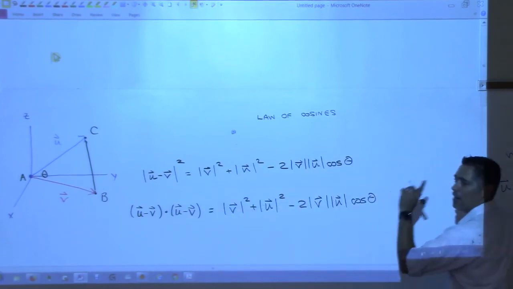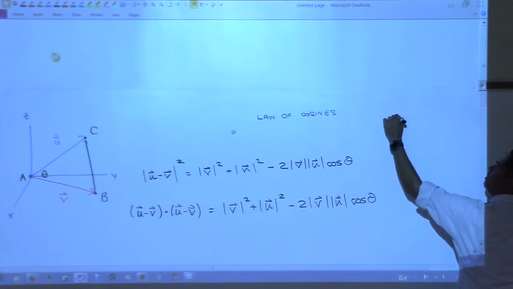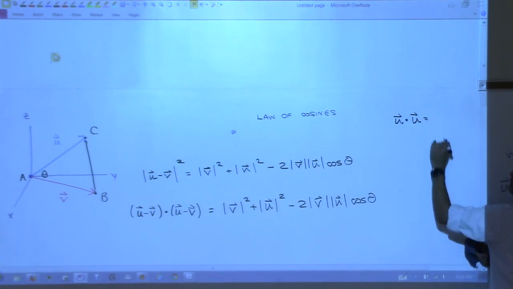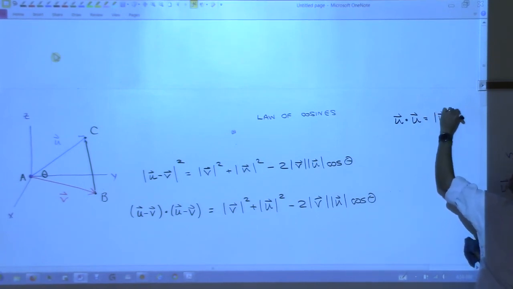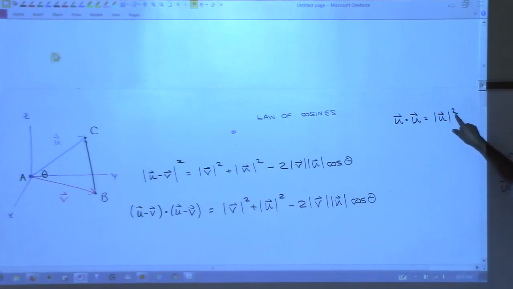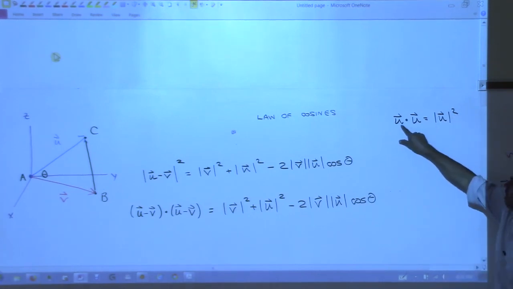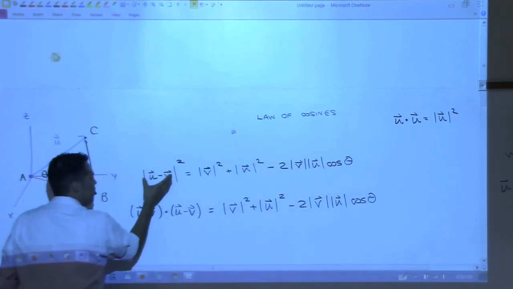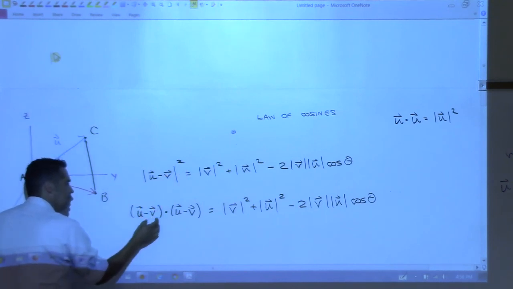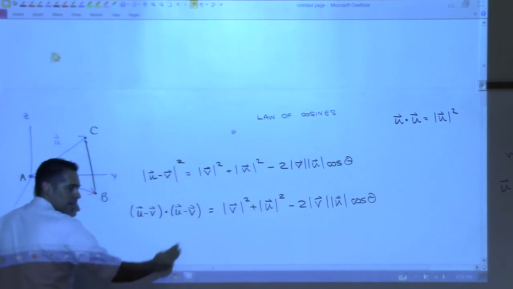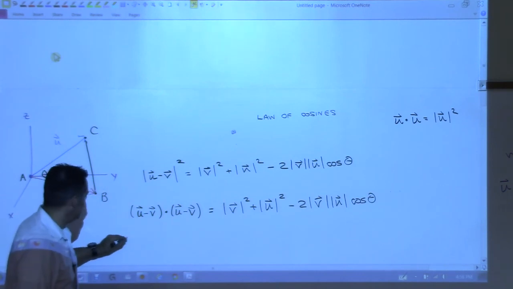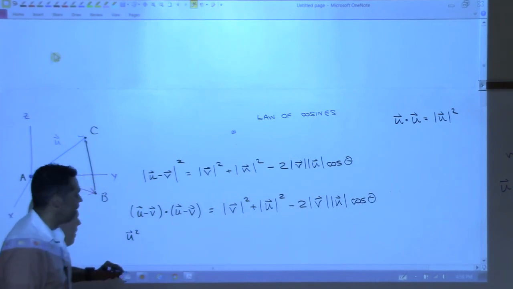So do you remember the very first property? U dot U was equal to what? Magnitude of U squared. So if I have some vector, the length of a vector squared, it's equal to the dot product of the vector with itself. And now what we can do is use the distribution of the dot product to basically turn this into U squared, right?